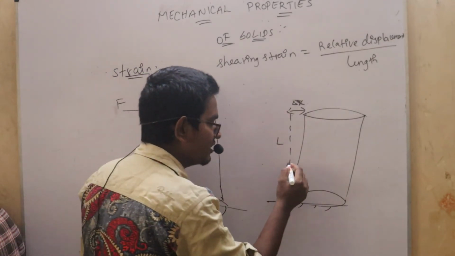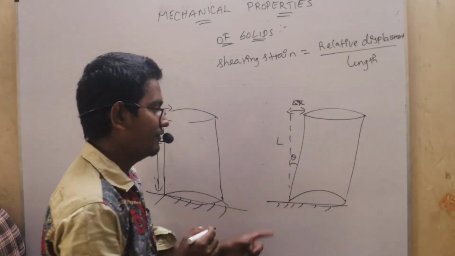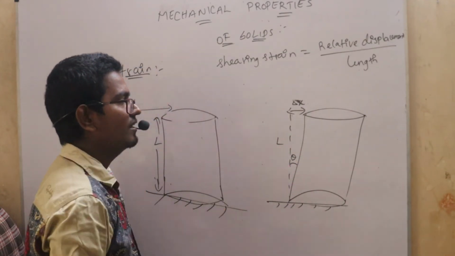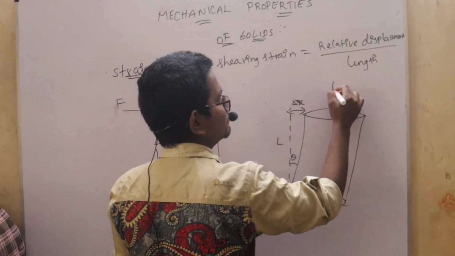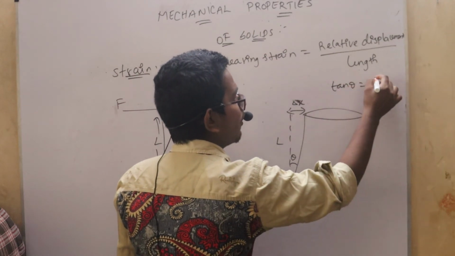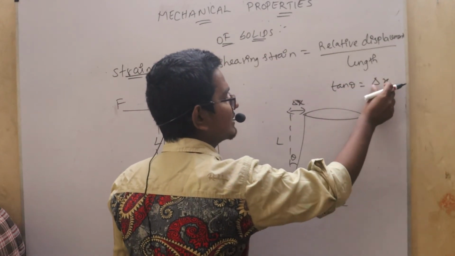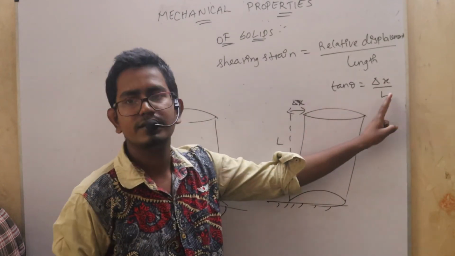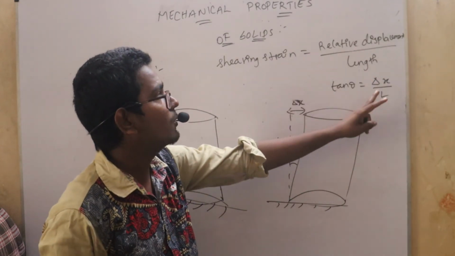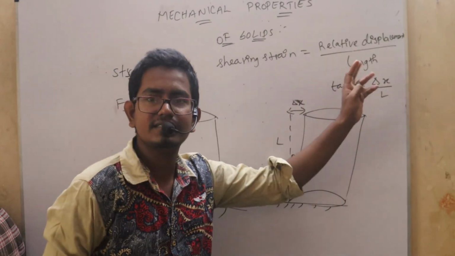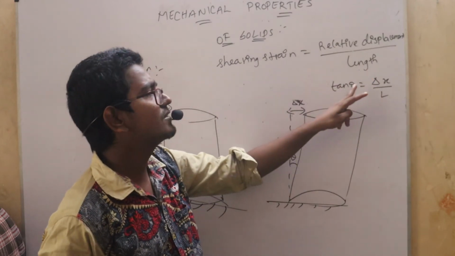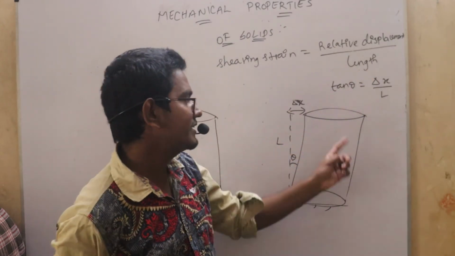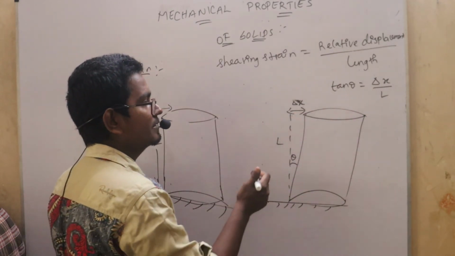If I consider that it makes an angle theta, then tan theta is equal to opposite side by adjacent side, which is delta x by L. You can see here delta x upon L, that means relative displacement upon length. I can write tan theta is equal to del x by L. If theta is very small, then tan theta will become theta.